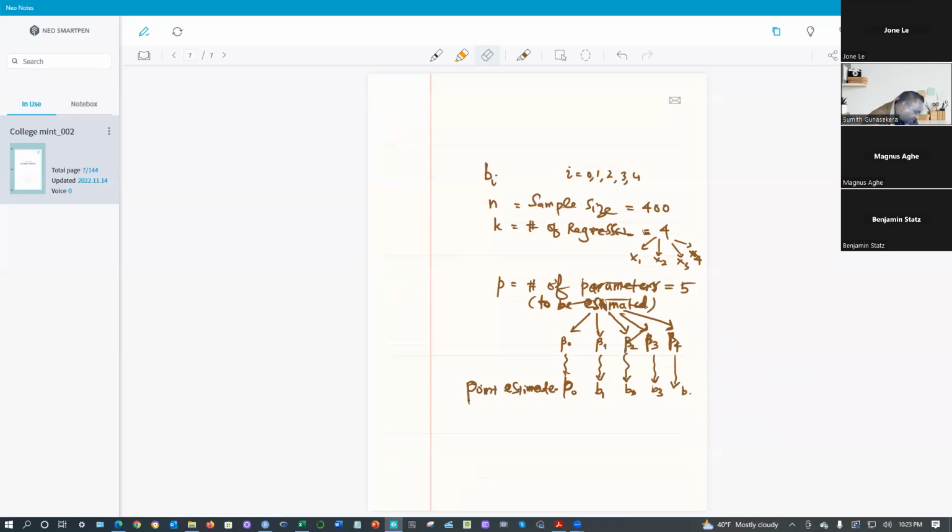And the interval estimate. Interval estimate is the confidence interval for beta naught, beta 1, confidence interval for beta 2, confidence interval for beta 3, confidence interval for beta 4. They were given already.